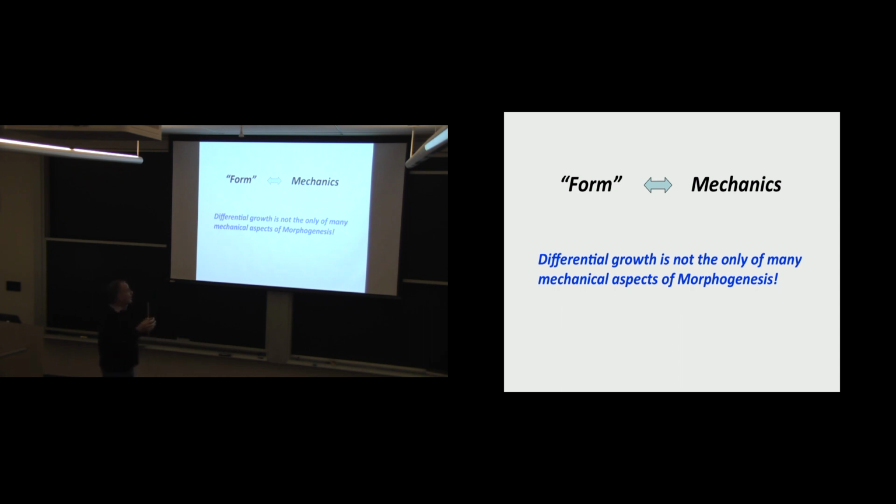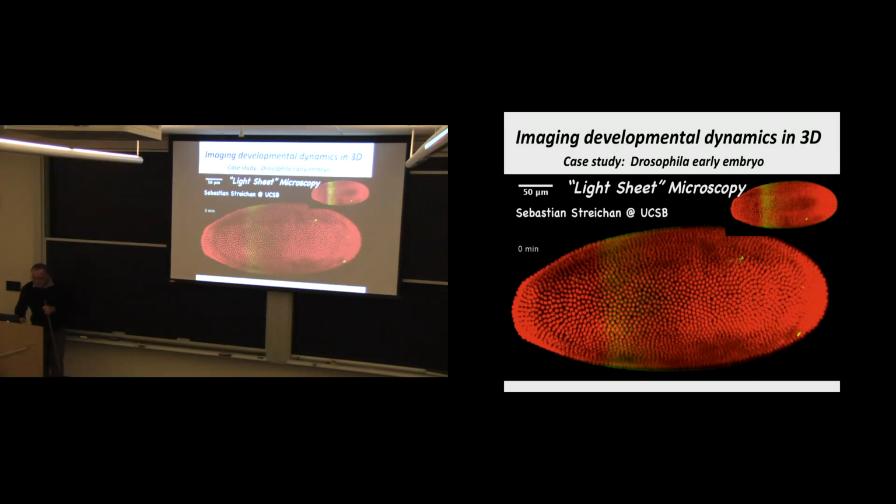But differential growth is only one of many aspects of mechanics involved in morphogenesis. And let me show you another little example of a morphogenetic process, in this case involving the earliest stages of fruit fly life. So embryonic development.